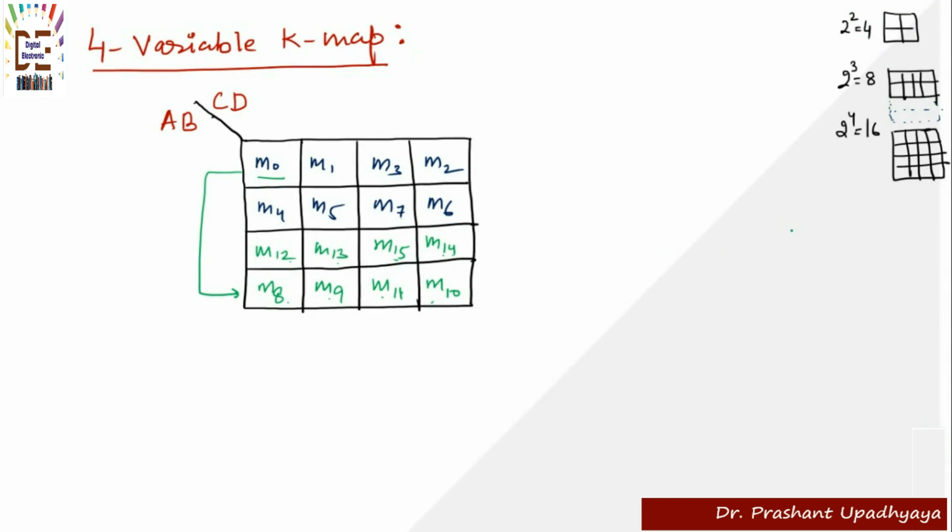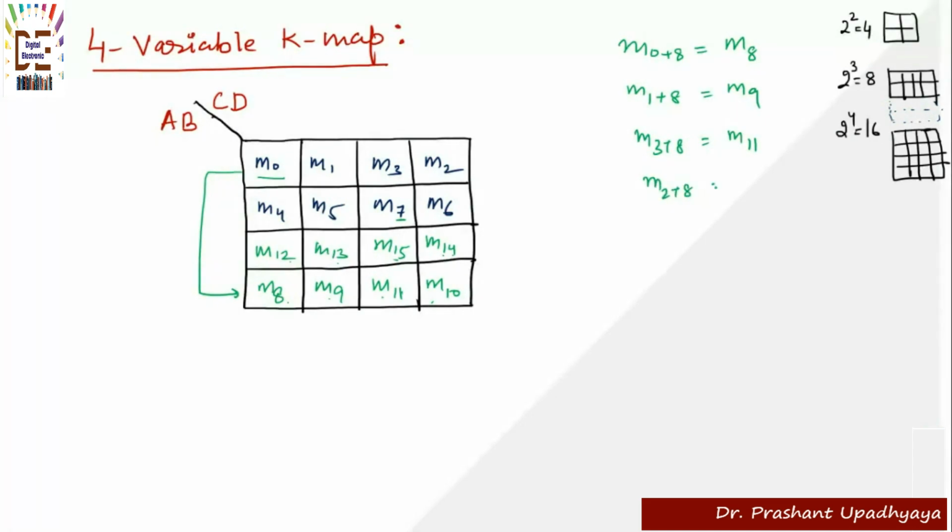Basically, I'm just giving you a shortcut. M0, what are you adding? Because you have already got 7, you add 8, so it becomes M8. M1 plus 8 becomes M9. M3 plus 8 becomes M11.